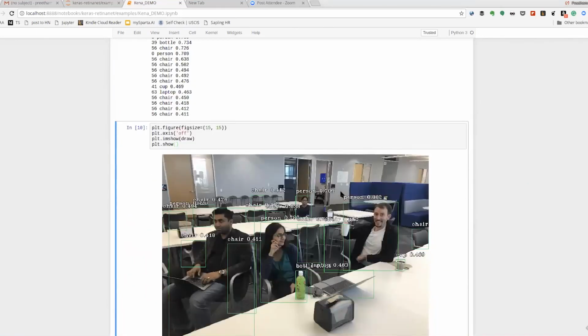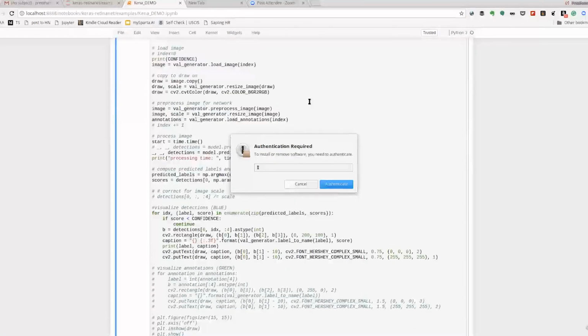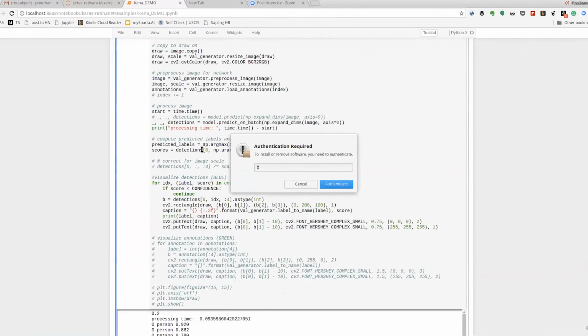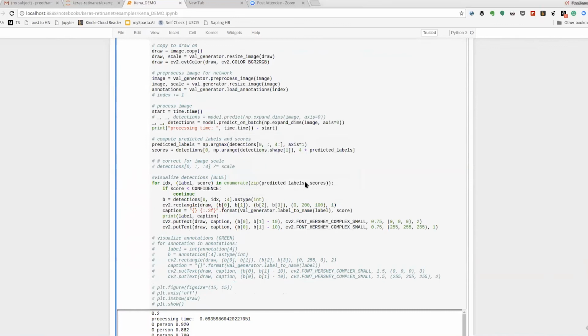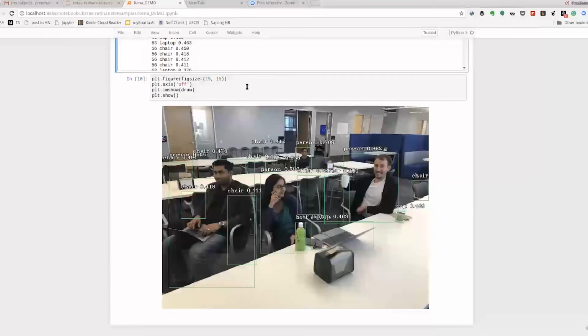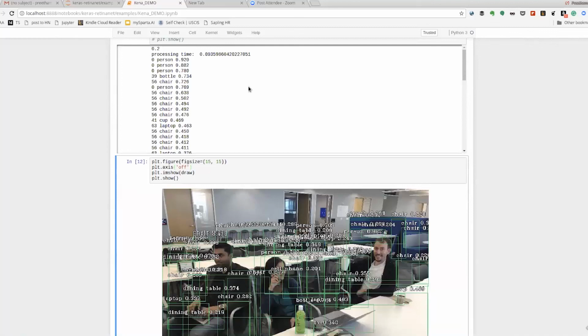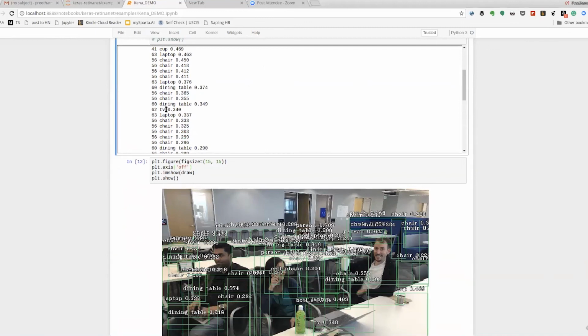And I can actually reduce or increase the confidence of this. If I reduce the confidence, I'm saying, even if you're not very sure, tell me what's happening in the scene. So in scene detection, you can say with 100% accuracy, but also with minimal accuracy. The things it has detected over here are dining tables, at about 0.3, TV, I don't know where.